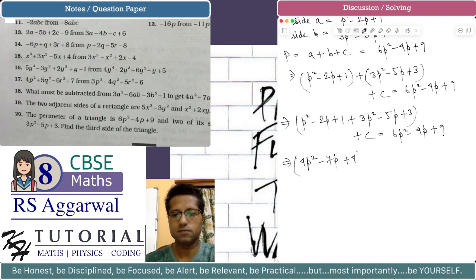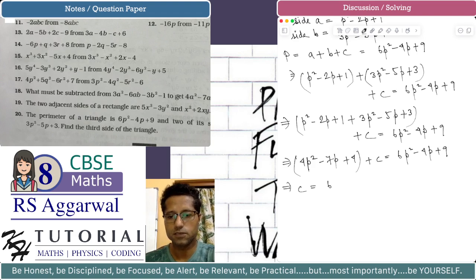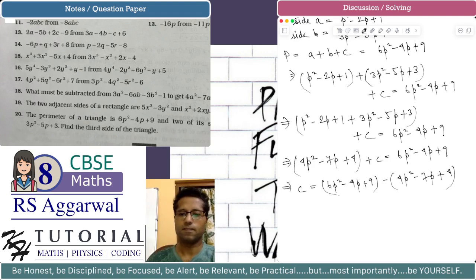So we have this plus C is equal to 6p square minus 4p plus 9. So this implies C will be equal to 6p square minus 4p plus 9 minus 4p square minus 7p plus 4.